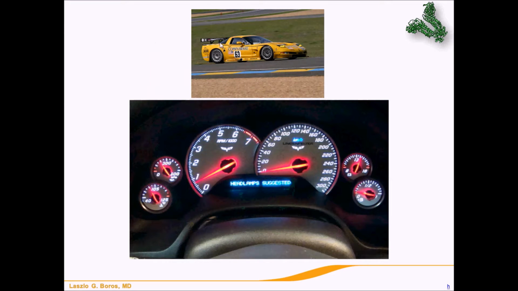Now, this is faster than a car engine. If you look at a Corvette, you can figure that the engine of this sports car is only turning about 6, max 7,000 rotations per minute, and ATP synthase in our mitochondria turns 9,000 rotations per minute, which is very high velocity, higher than a sports car.